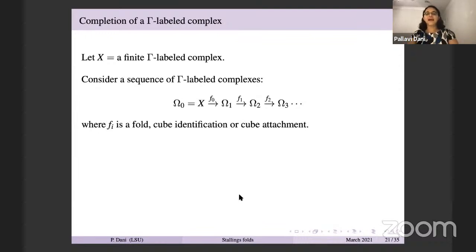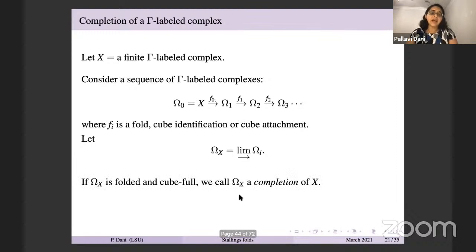But here, because we have this added complexity of attaching cubes, there's no guarantee that this is ever going to stop. That's okay. You can still take the direct limit of this sequence of complexes. And so we say that omega x is a completion of x if it's folded and cubeful and arises as a direct limit in this way.